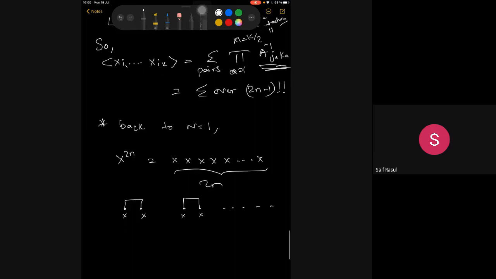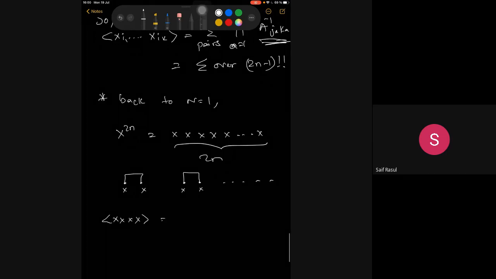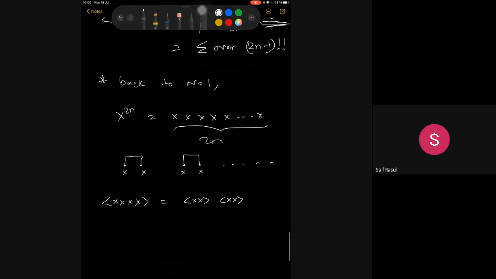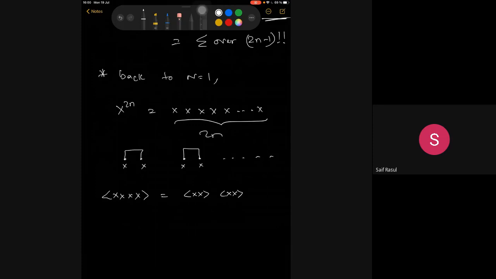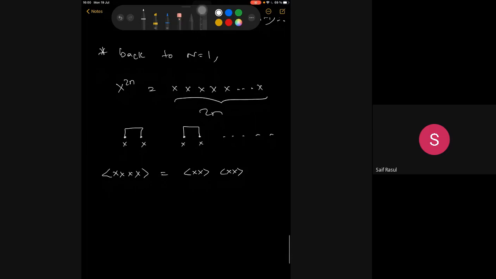If we have, let's say, x, x, x, this is just xx, xx, and so on. They're basically the same, so you have to divide by some number to fix the repetition issue.